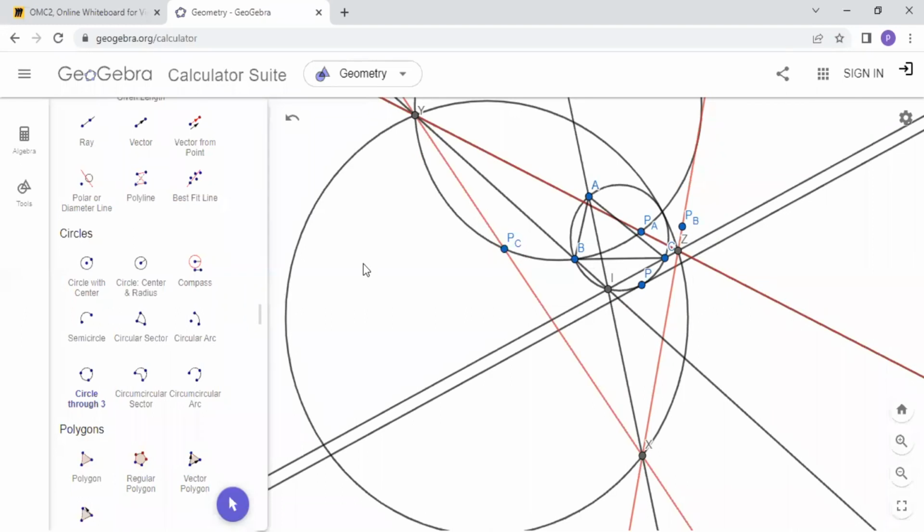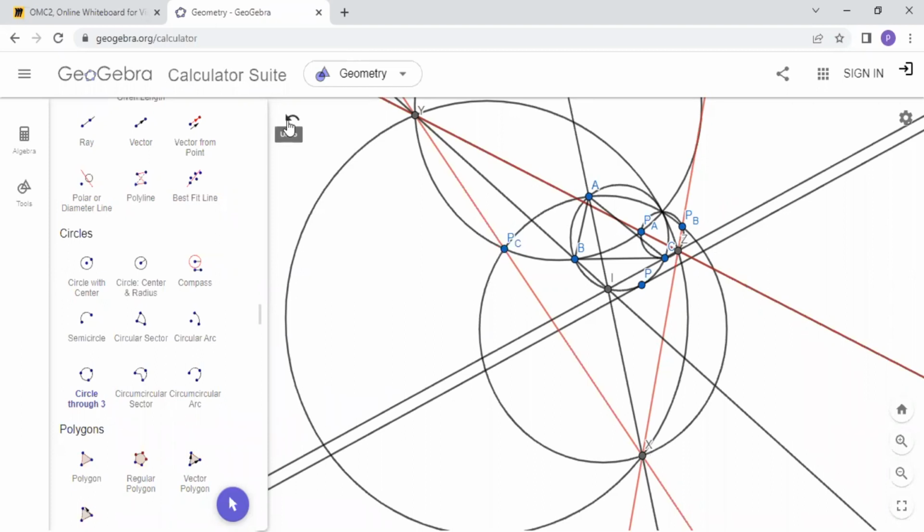And so to prove this, this gives 5 circles to be concurrent, which is just magic. The first circle is Y, P_B, P_C, P_A; the second is X, P_B, P_C, P_A; and the third is Z, P_A, P_B, P_C. So basically we have 5 circles which are concurrent, which is awesome.